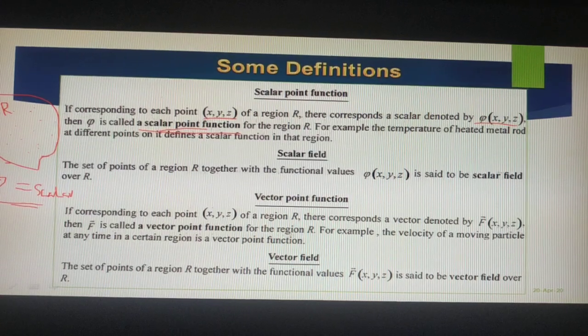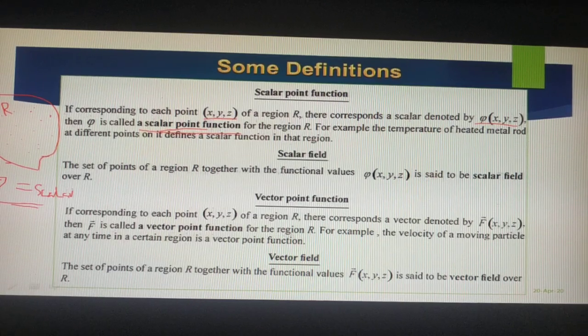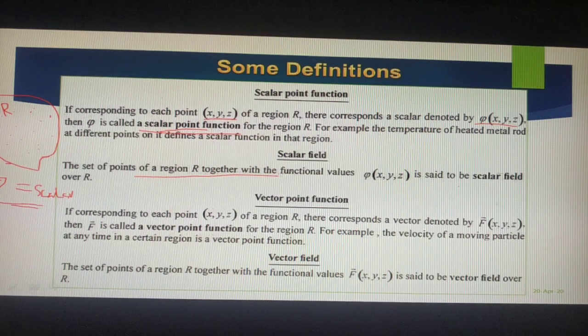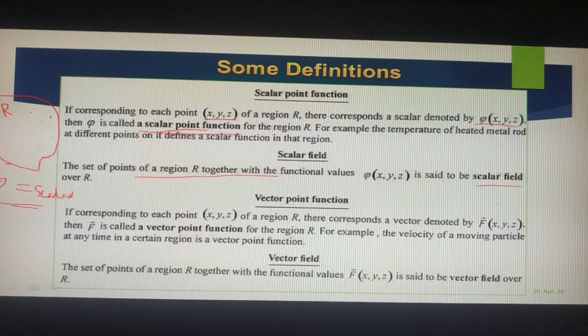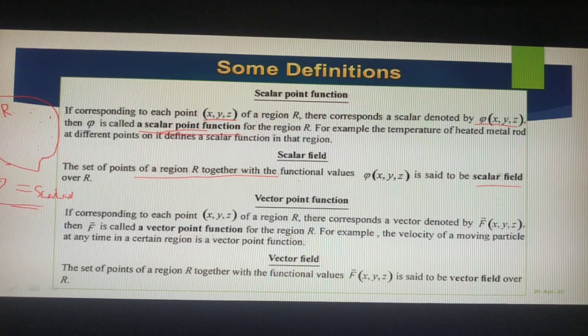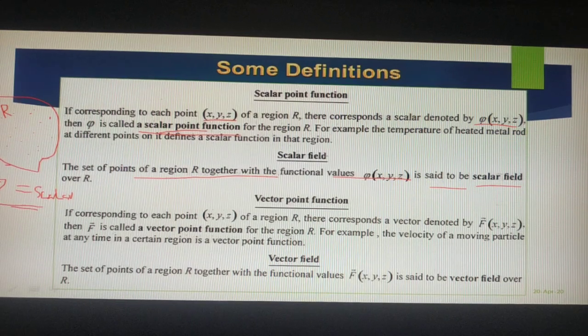There are a number of points in this region, so all together these points we will consider as a scalar field. All points are there with the functional values of phi of xyz. So this particular region we can call a scalar field.